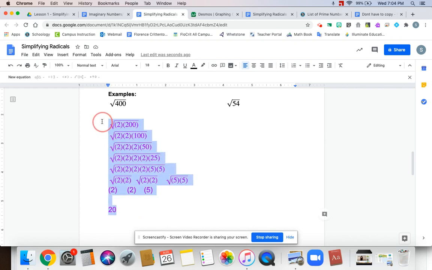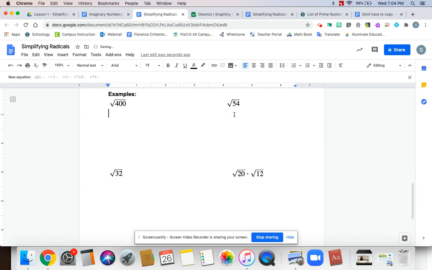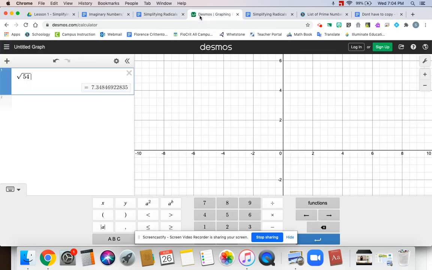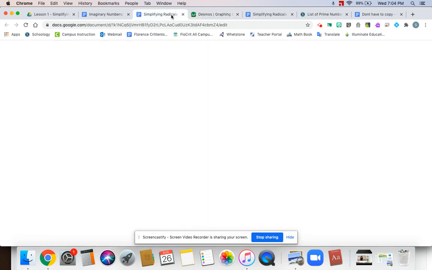So I'm going to delete this stuff so that we can do the square root of 54. To do the square root of 54, what am I going to start with trying to divide 54 by? We always start with 2. Can it divide by 2? Yep, it divides into 2 times 27.